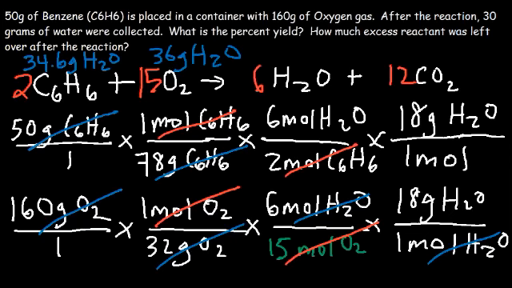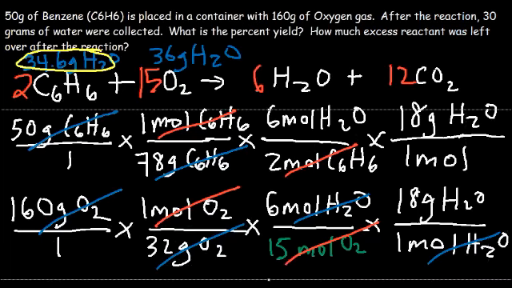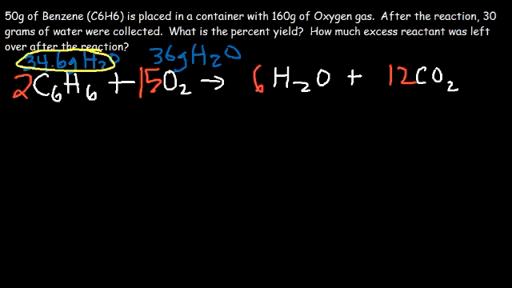Notice that benzene produces a lower amount of product. So 34.6 is the theoretical yield, which means benzene is the limiting reactant, and O2 is the excess reactant. Now that we have the theoretical yield, which is 34.6 grams of water, we can calculate the percent yield.